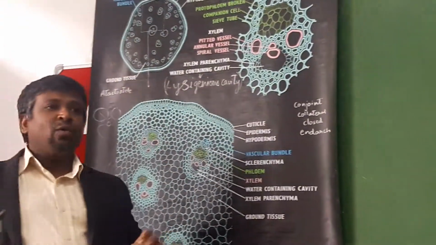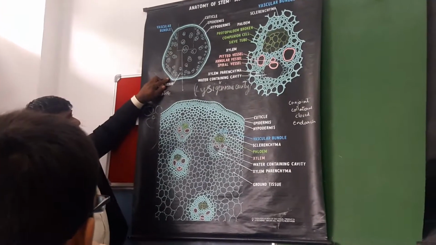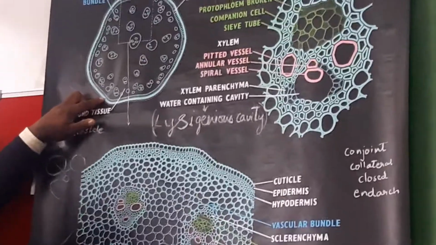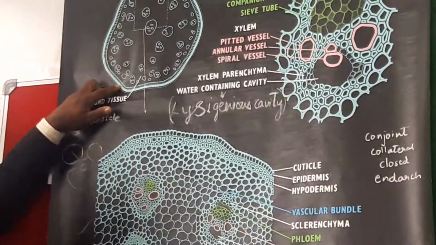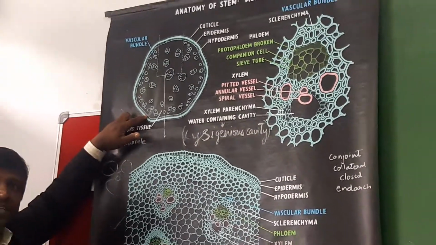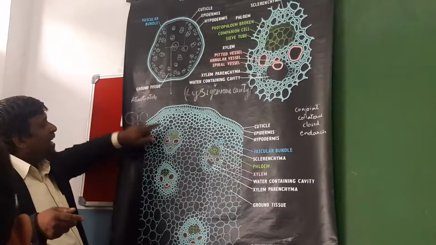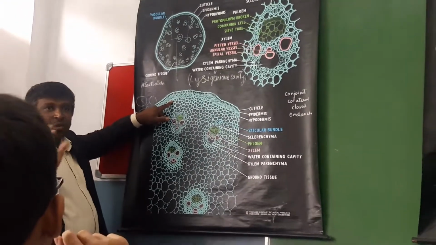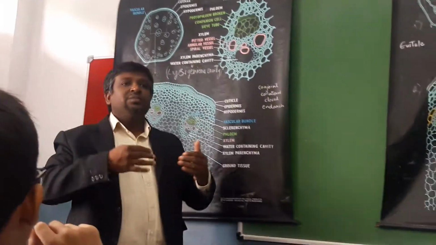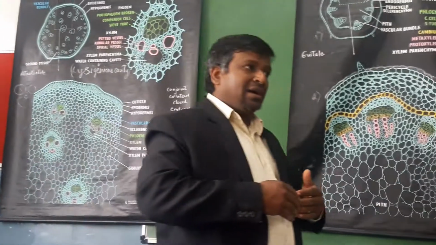So in the ground plan, what were you able to notice? An outermost cuticle layer, then an outermost layer of epidermal cells. Okay, inner to that is the hypodermis. The first layer of cortex is hypodermis, which is made up of collenchymatous cells. And then you find there is no difference between cortex and stele.